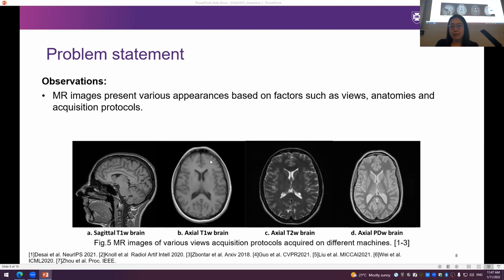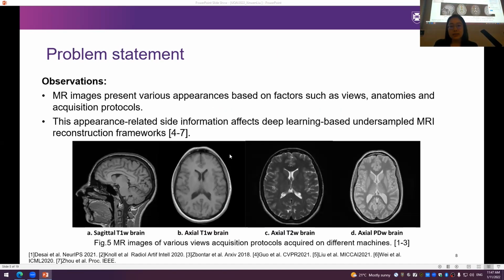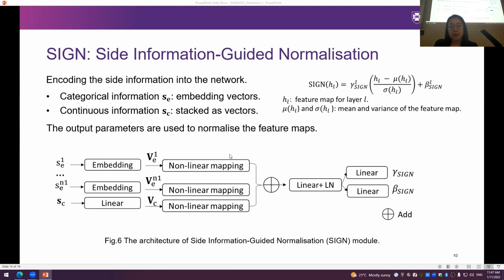I think ours is quite different because we use a kind of hypernet to estimate the parameters, which means we categorize some of the information together to output some of the parameters. But in AdaIN, they don't have this hypernet.